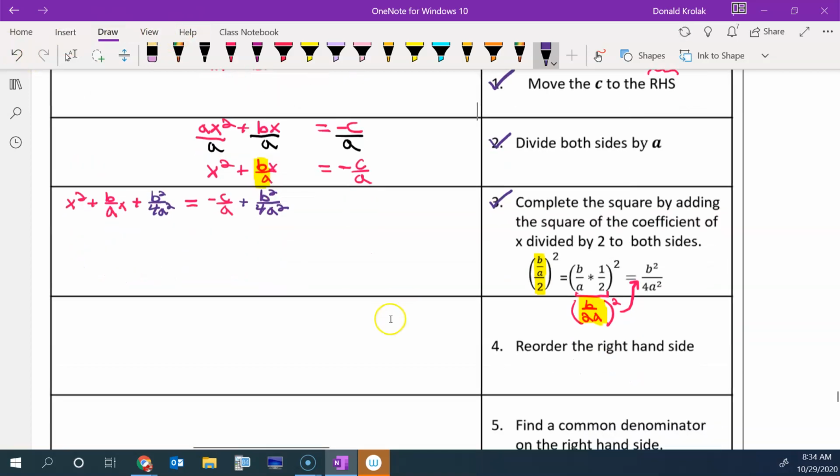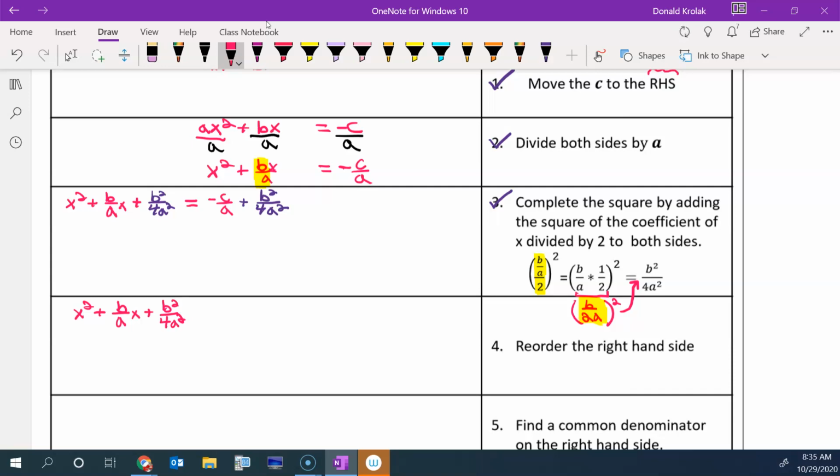Okay, next step says reorder the right-hand side. So we're going to rewrite this with the b squared first and the minus c over a second. Okay, so we got x squared. We're just going to copy the left-hand side. So x squared plus b over a x plus b squared over 4a squared.